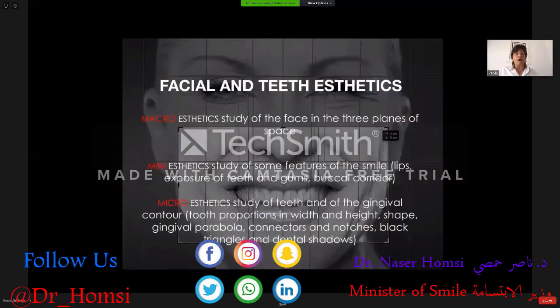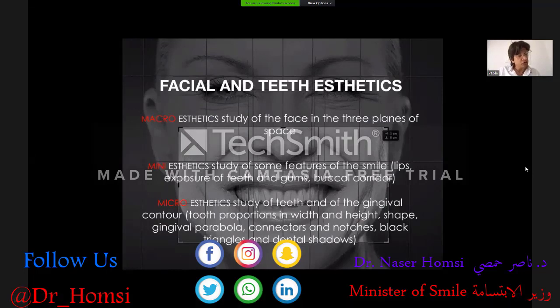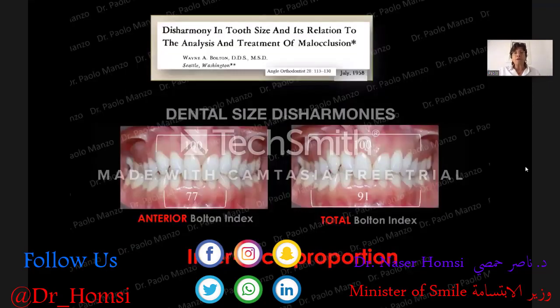When we talk about a dental size problem, and when it is a dental size inter-arch discrepancy, it means we are talking about microaesthetics. So we are not talking about only orthodontics. In microaesthetics, this kind of inter-arch proportion has been described very well in a milestone of the literature, in a paper published in 1958 by Wayne Bolton in Seattle, an Angle orthodontist.